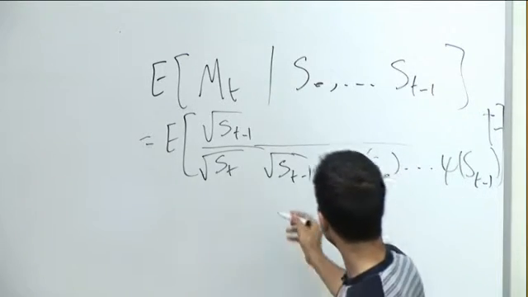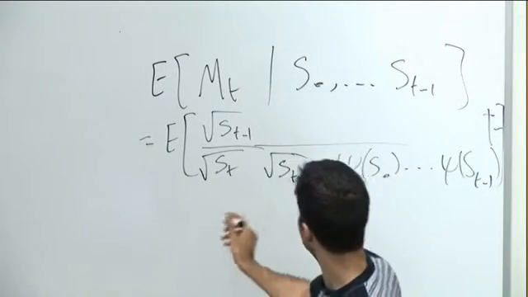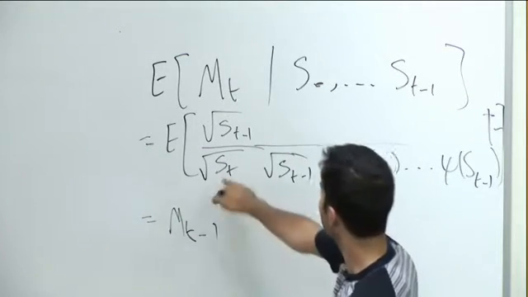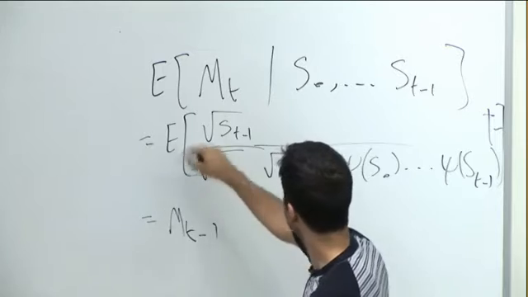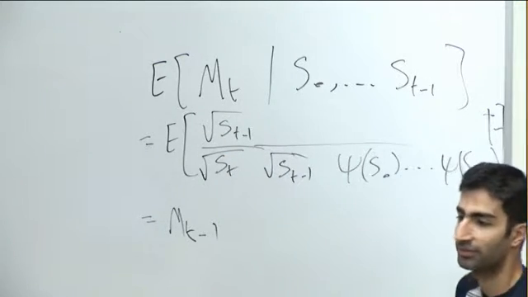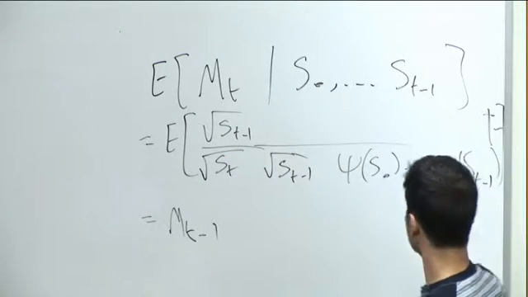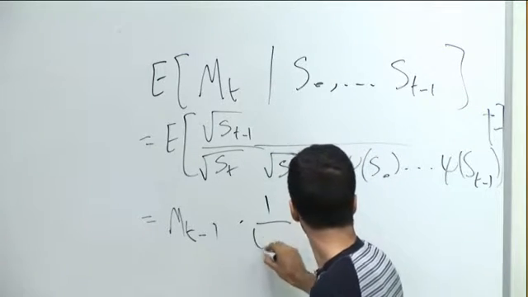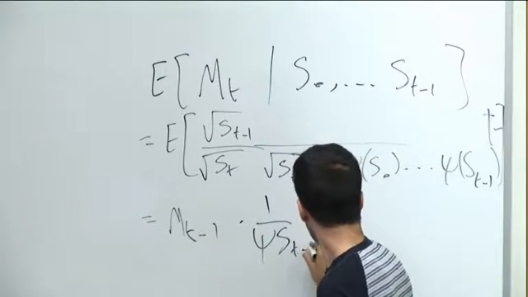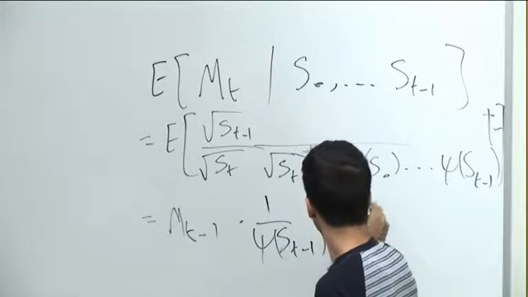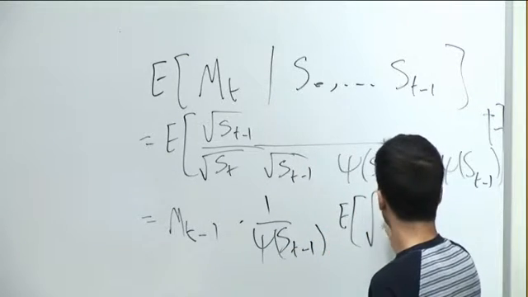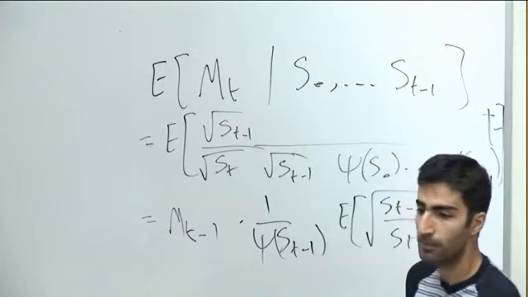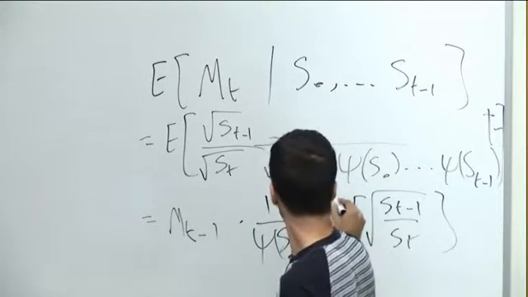And then, if you take this thing out, it's just M_{t-1}. This is a psi function. This is M_{t-1} times 1 over psi of S_{t-1} times the expectation of root S_{t-1} over S_t. This is with respect to the hat process.